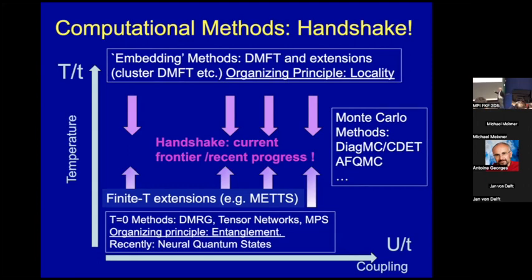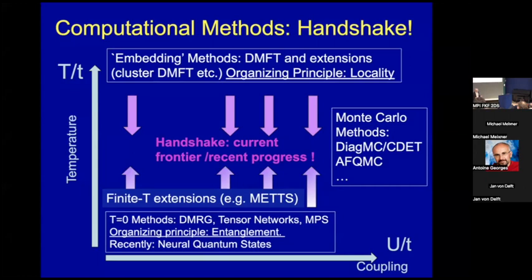So there are two important classes of methods on this slide. One has been for a long time limited to 0 temperature, and is based on the concept of entanglement. As you know, many-body quantum states can have a very large degree of entanglement.